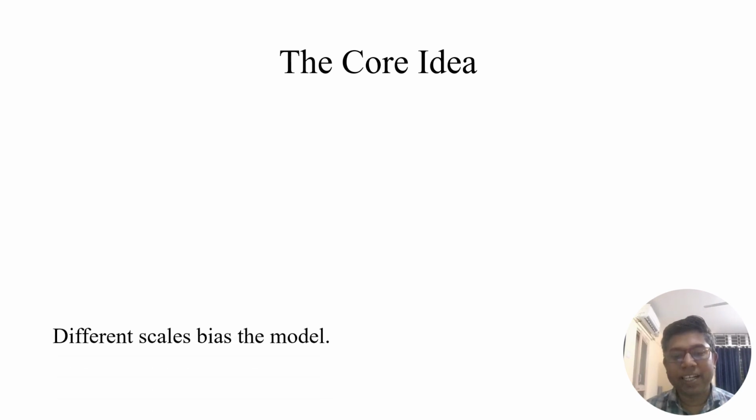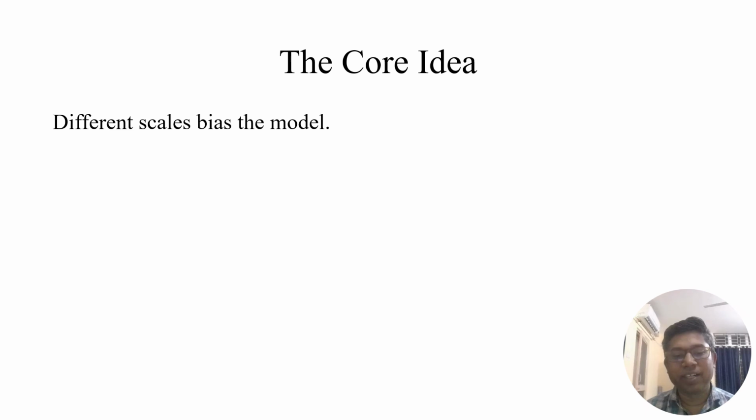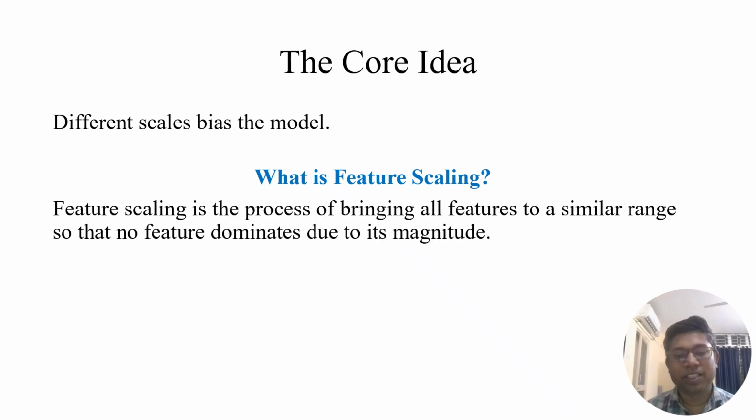So the core idea is that different scales typically bias the model, and hence we need something called feature scaling. What is feature scaling? Feature scaling is a process of bringing all these features to a similar range so that no feature typically dominates due to its magnitude.